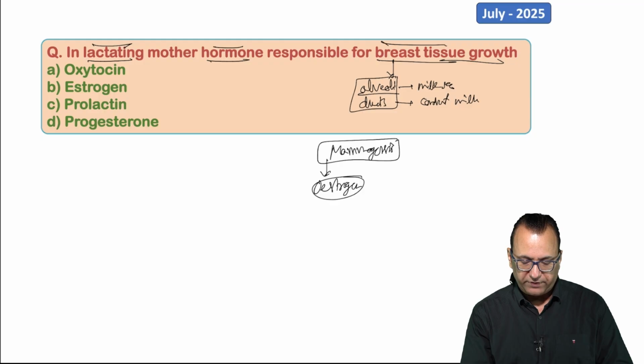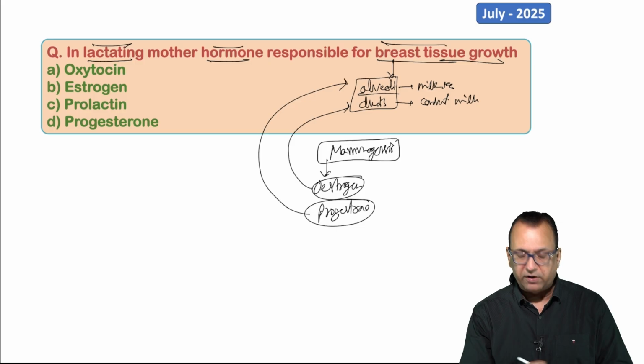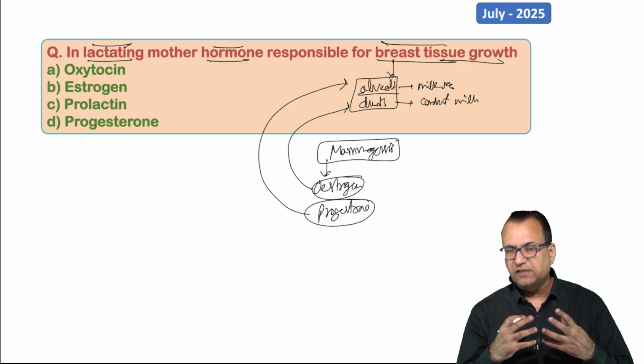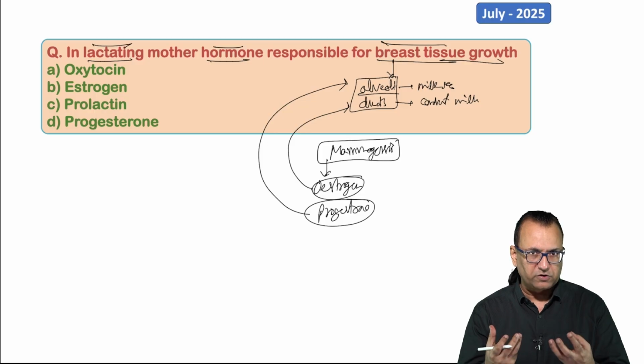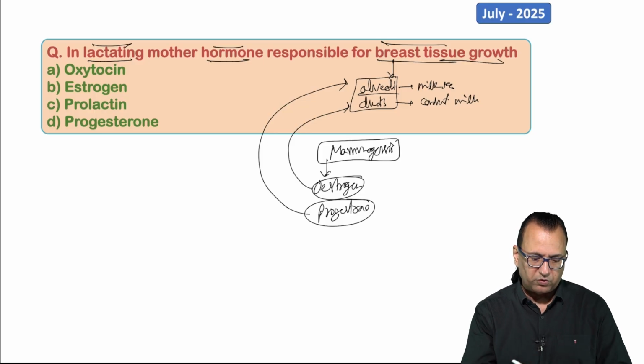Estrogen works chiefly on the duct level. Progesterone will work on the alveolus level, though it doesn't mean that progesterone is the only hormone to work at the alveolus. Estrogen will also help, but specifically if you want to specify, then that is how it is.